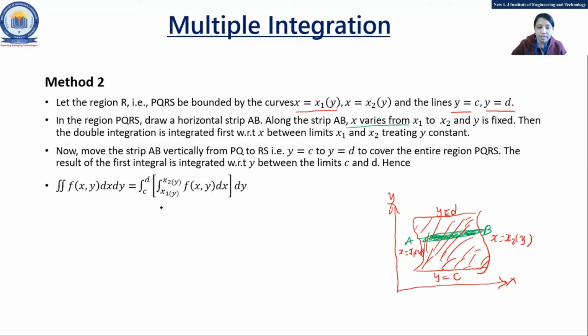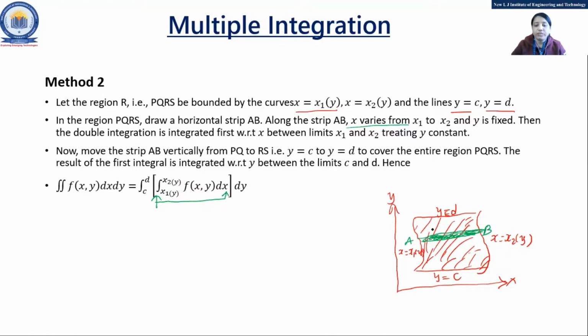So you can see here, we are going to do the integration first with respect to x. So whenever it is with respect to x, the limits will be in terms of y always, right? Now, after that, we'll move the strip what? Vertically.